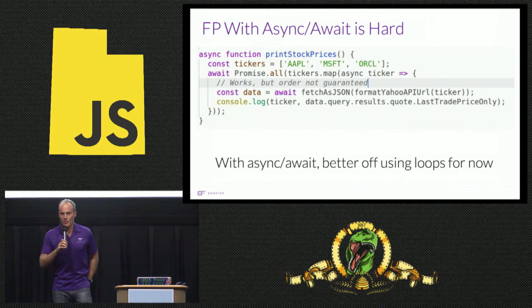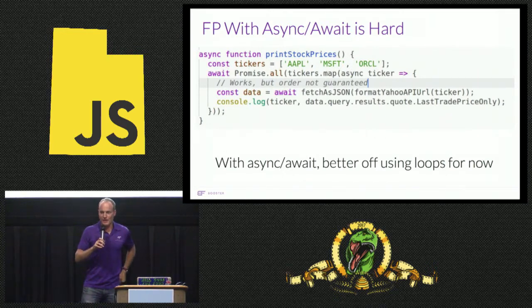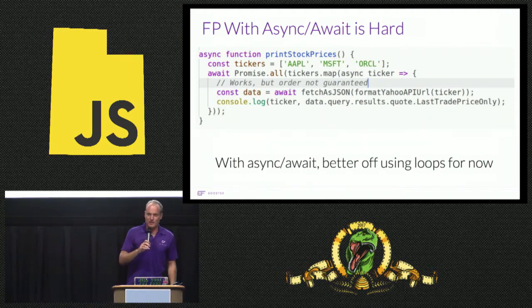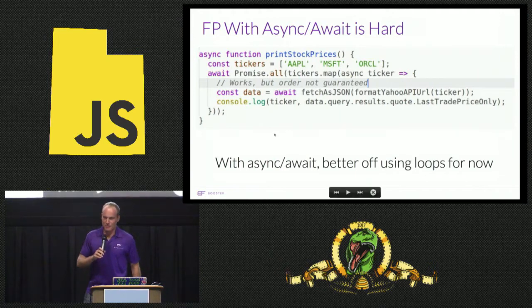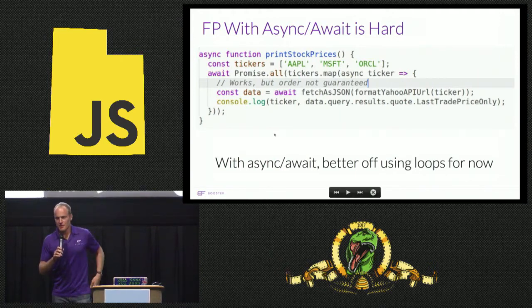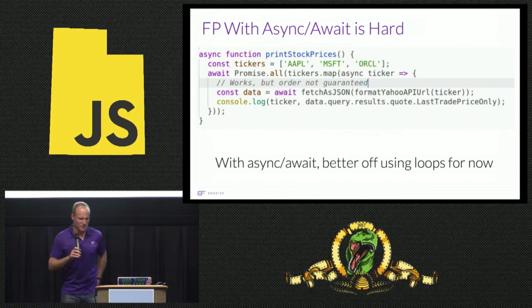It will actually just not run at all because JavaScript will complain that await must be within an async function. So if you want to do functional programming with async await, like a .forEach, it's actually kind of difficult. This is kind of the closest approximation I've managed to come up with using .map and Promise.all.